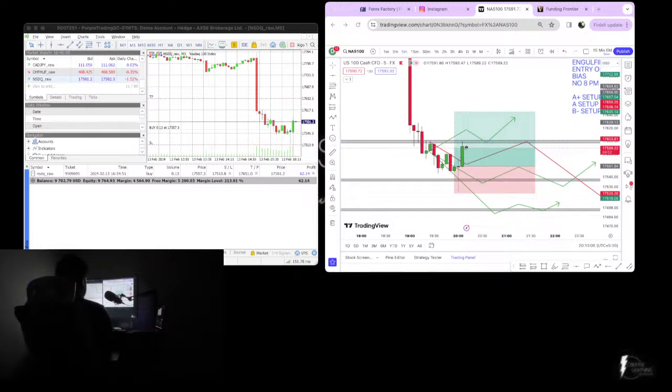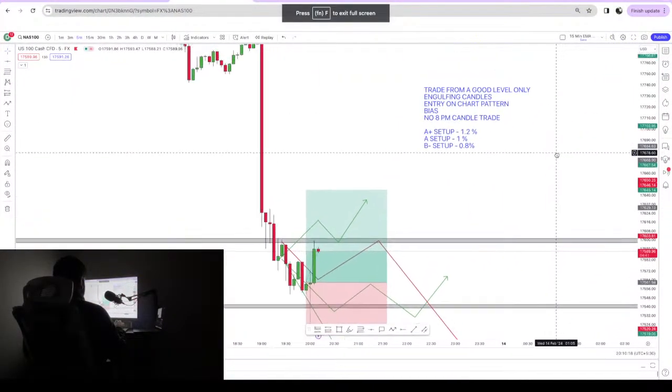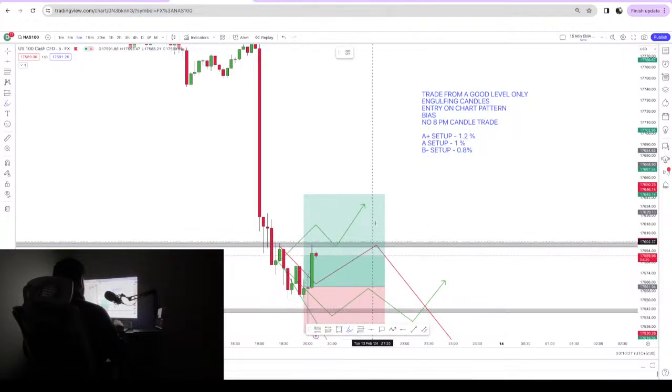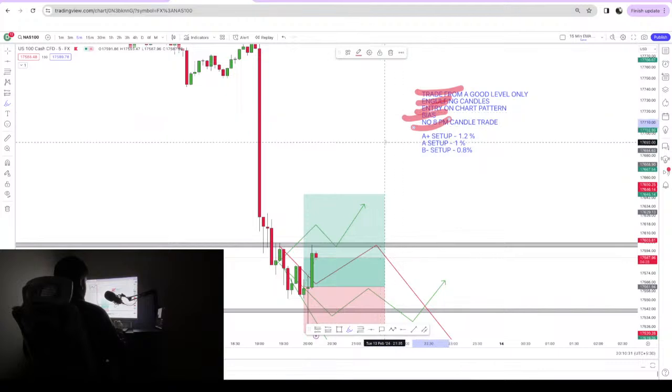As I say, you're never sure until the trade is closed. So why have I risked $120 on this trade? Good level, engulfing, entry on chart pattern, bias, I told you, no 8 p.m. candle, so A plus setup.